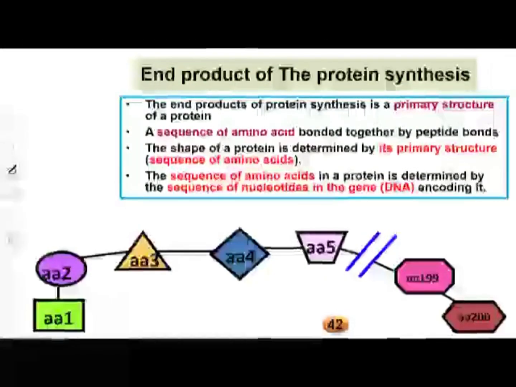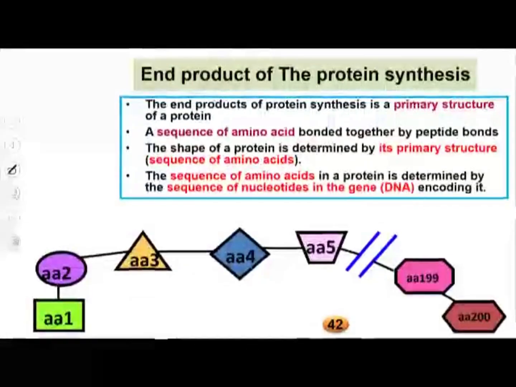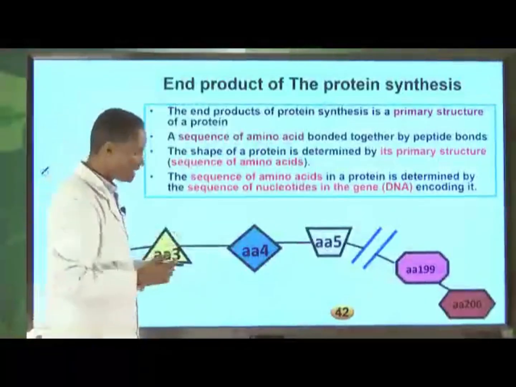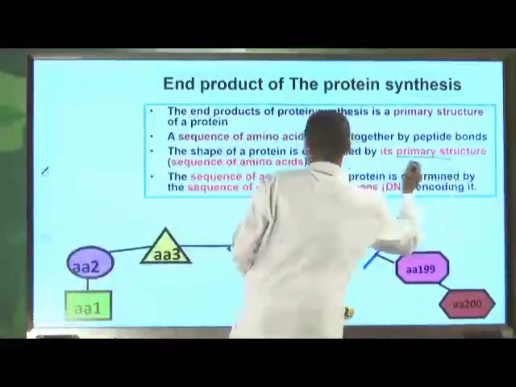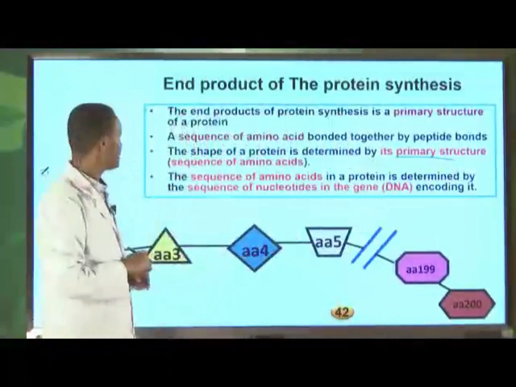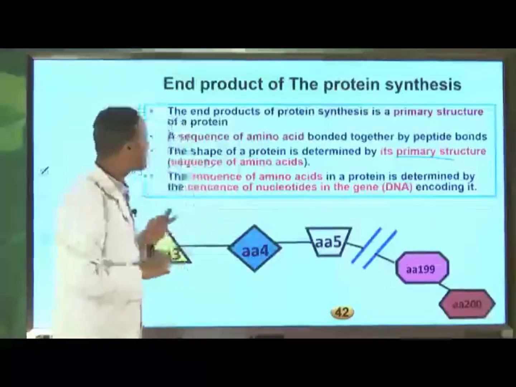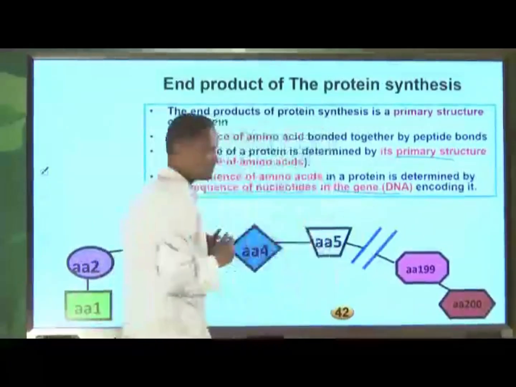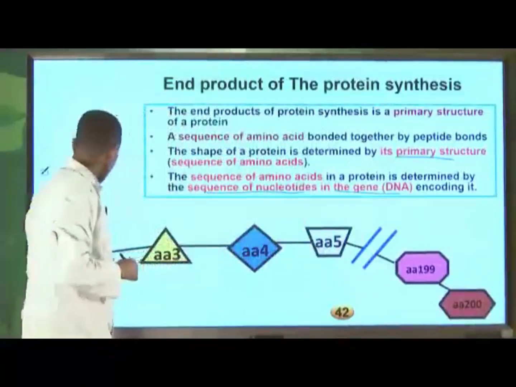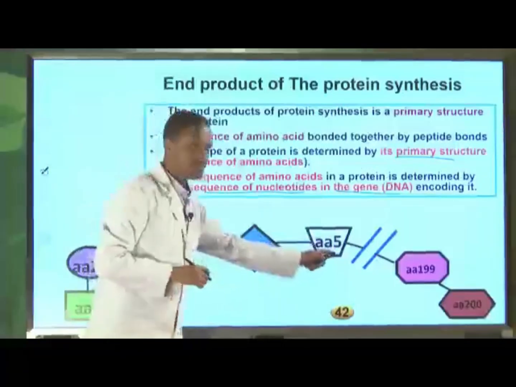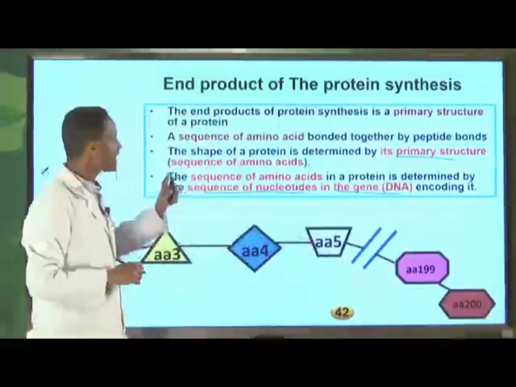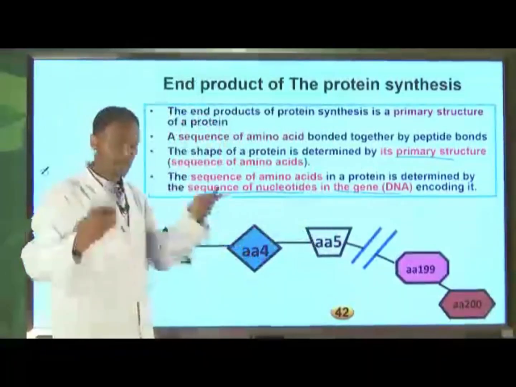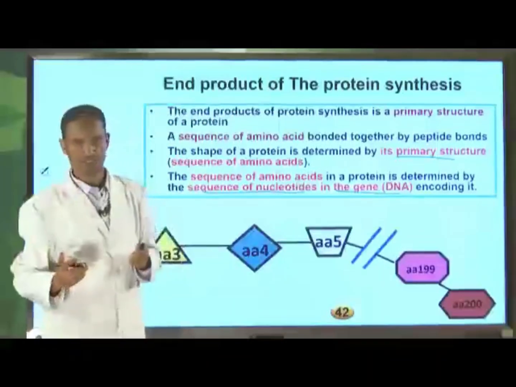This primary structure of protein is the sequence of amino acids bonded together by peptide bonds. The shape of the protein is determined by this primary structure, or sequence of amino acids, but the sequence of amino acids in the protein is determined by the sequence of nucleotides in the gene or DNA. These sequences of amino acids are determined by sequences of nucleotides in the gene, and they form the primary structure of protein.